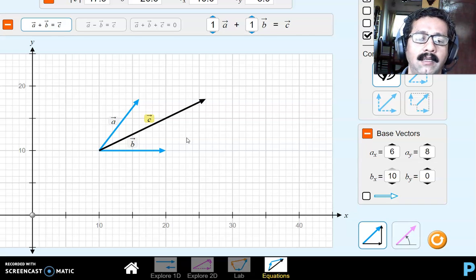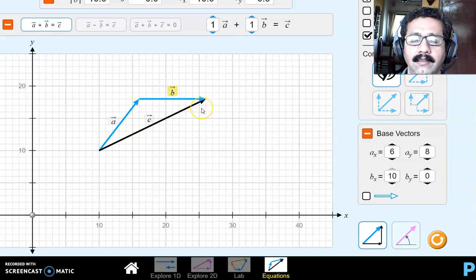To understand this as the triangle law of vector addition, the triangle law tells me that you have to take vectors in such a way that wherever your first vector ends, the other vector has to start. So I'll lift this B and take it to the end of vector A. So B is lifted up and taken somewhere here, and then I find vector A plus vector B is equal to vector C.